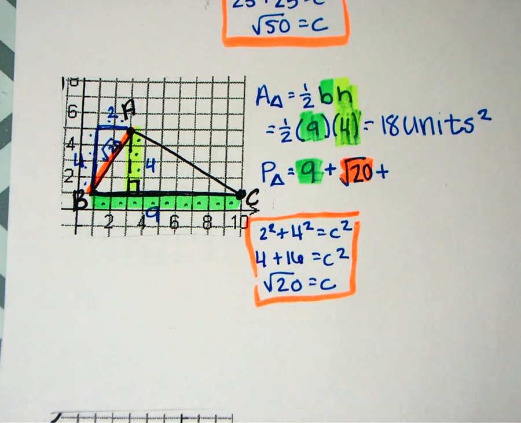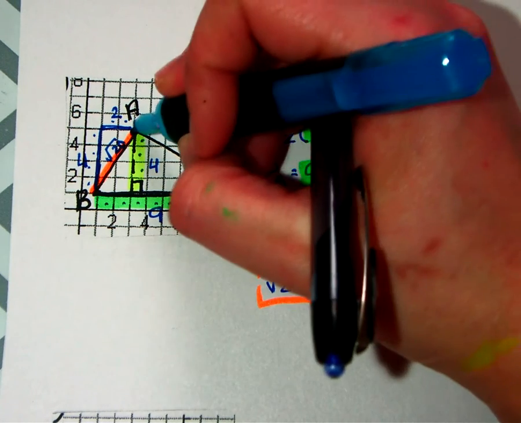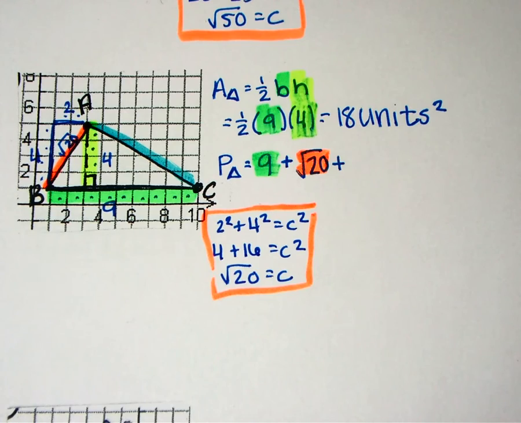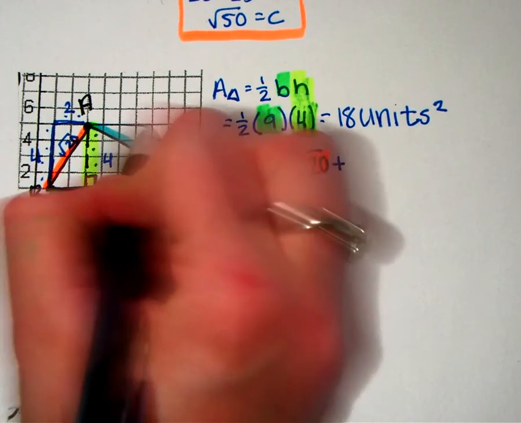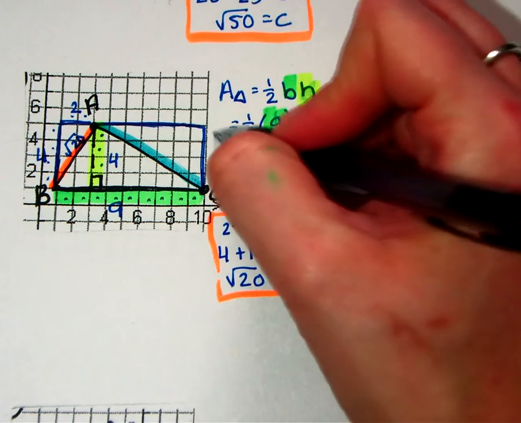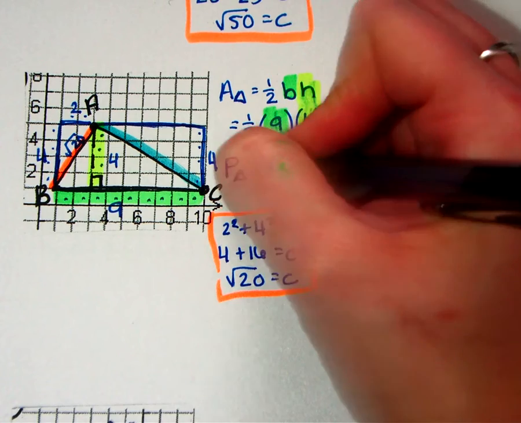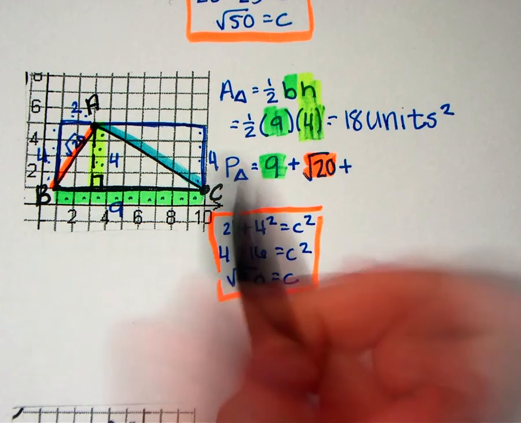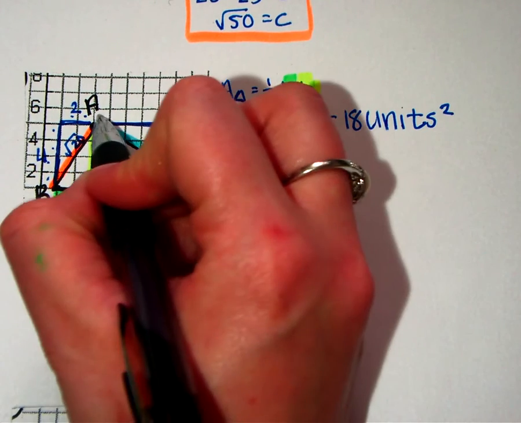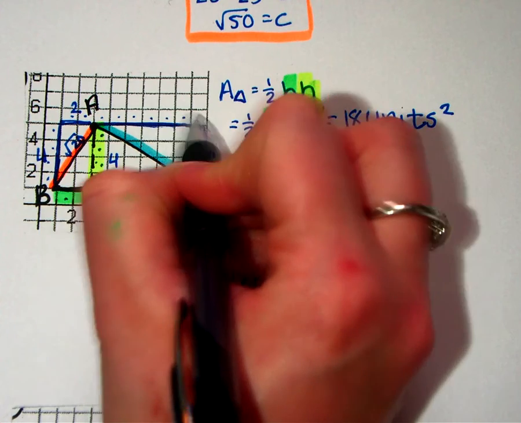I have one more additional side that I need to find the length of, which is side AC. So again, I'm going to go ahead and do the Pythagorean theorem on it. Counting the squares, I get 1, 2, 3, 4 as my height. And notice how the height doesn't change as you go around. It should be the same on all these triangles. Then I'm going to count here, 1, 2, 3, 4, 5, 6, 7.